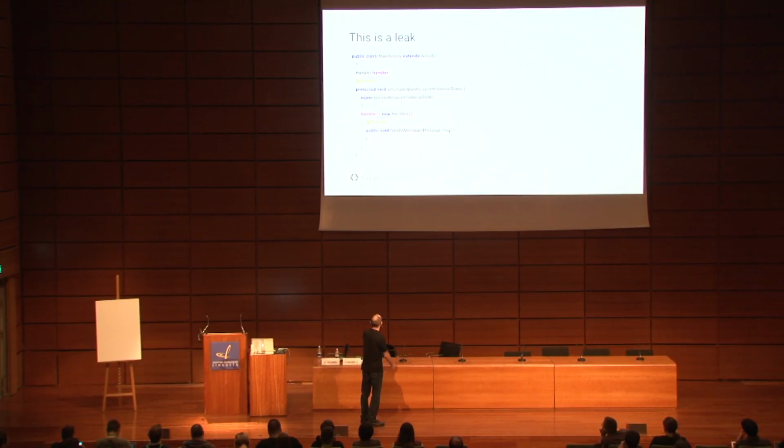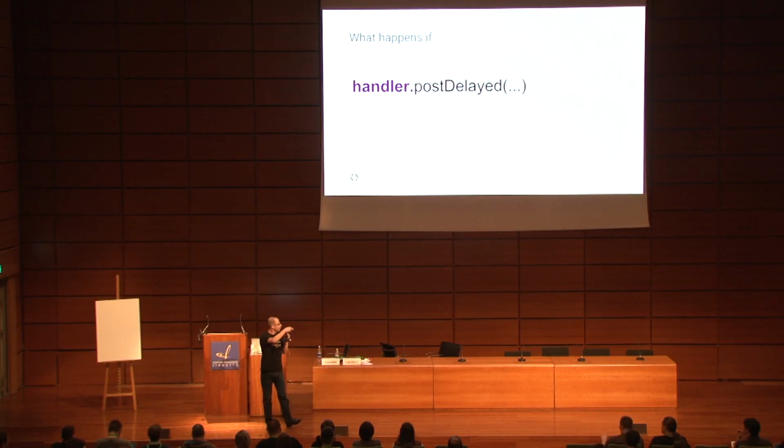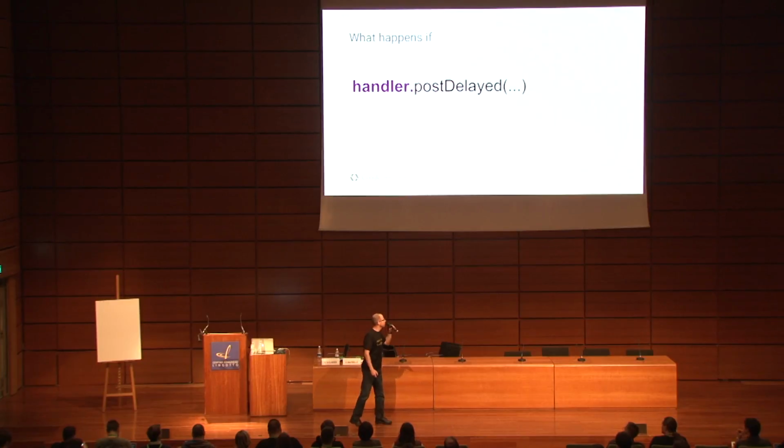But you know what happens now? Handler postDelayed, let's say 10 minutes. So here is the problem. In the code that we have seen before, when the handler is alive, let's say for the next 10 minutes, we might not need that activity. Meaning, we are creating another memory leak. And let's see how to sort it out.